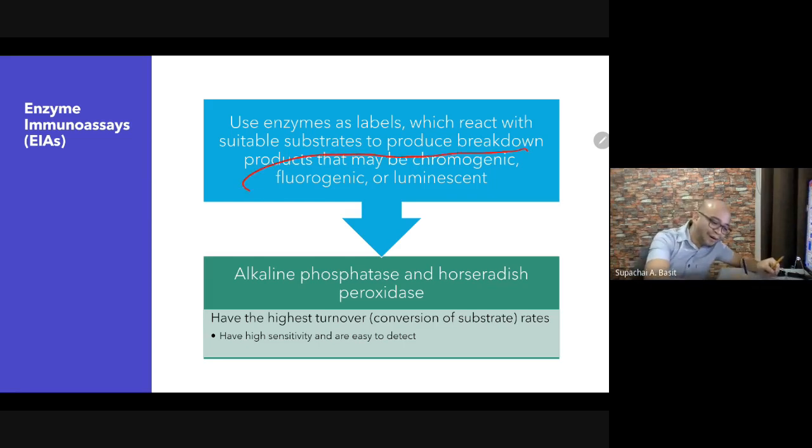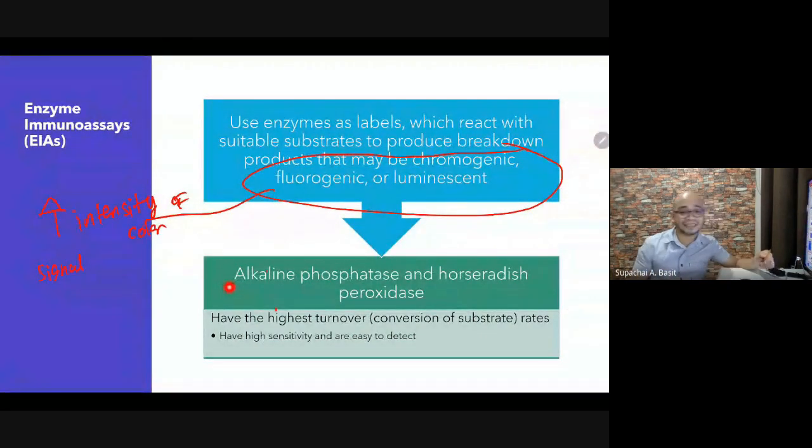The common denominator is that there would be an increase in the intensity of color, and this increase in the intensity of color will serve as the signal. And what are the possible enzymes that we can use? We could use alkaline phosphatase and horseradish peroxidase, or we may also use beta-galactosidase. These are the possible enzymes that we can use for enzyme immunoassay.